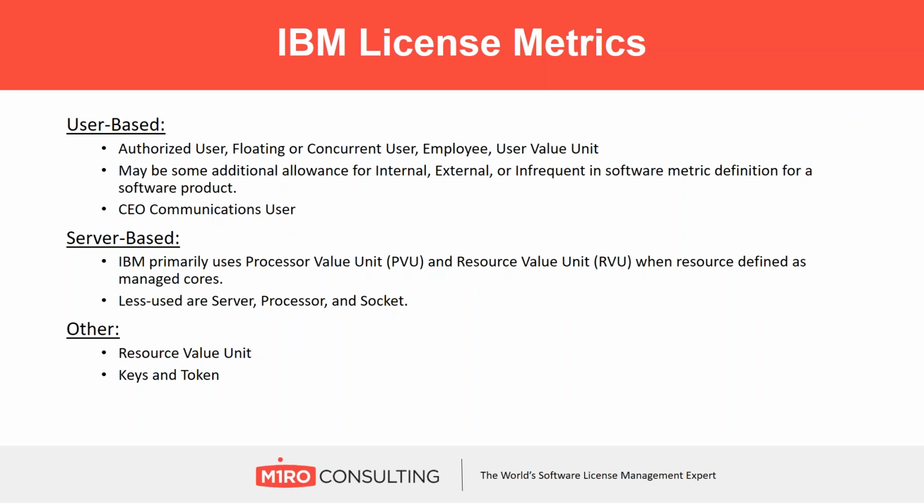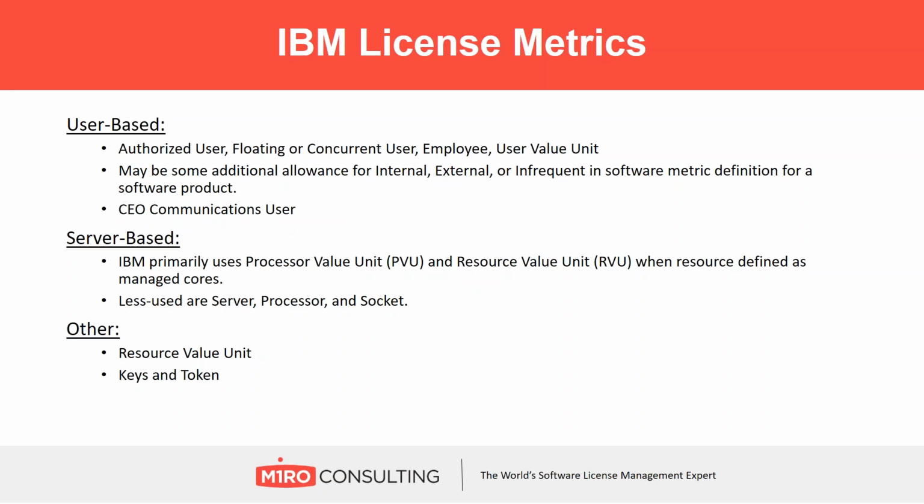This is an improvement over employee if you have employees without computers like manufacturing or seasonal employees or people that work outside. But if you have a division of your company on Outlook, you need to ask IBM for an exception when signing up for the CEO Communications Bundle, because without that written exception, you have no exception. And don't forget, if you have external or web access to applications, you're still going to need Domino Utility. CEO Communications user doesn't cover that usage.